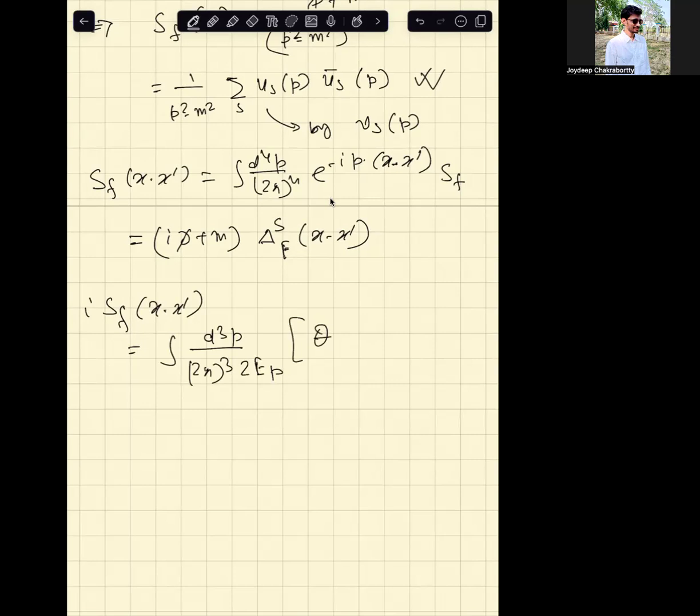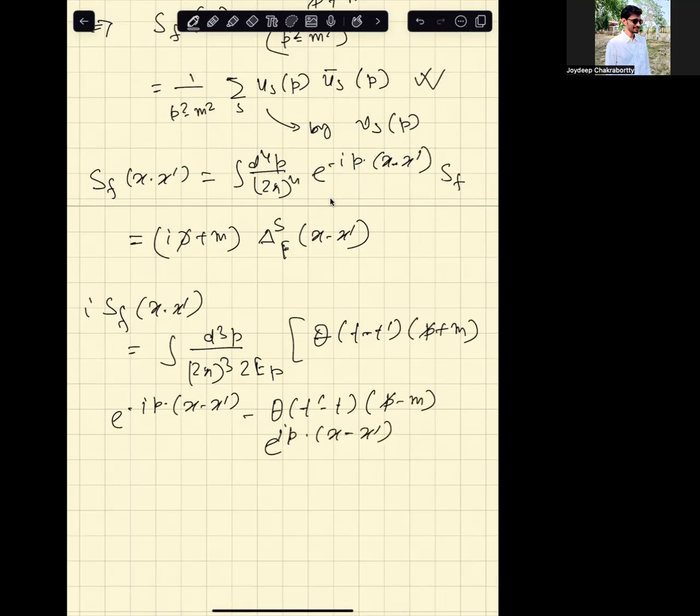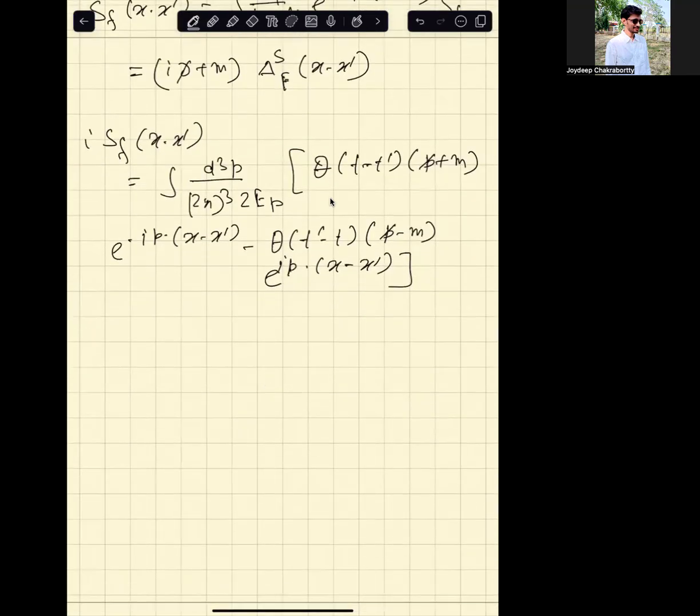So this theta function is very similar to what we have introduced for the scalar case.